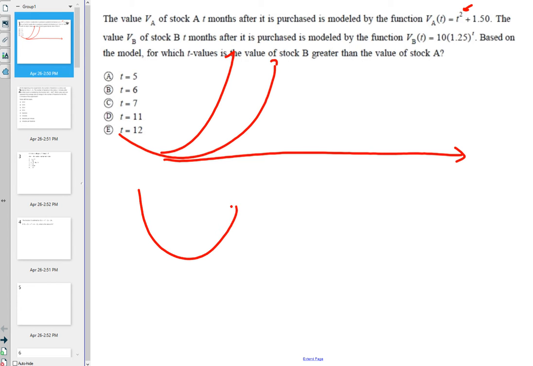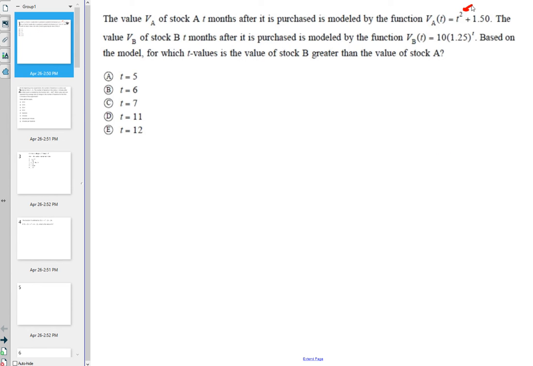If you look at the right side of a parabola, it looks kind of like exponential growth. It's just that exponential growth is going to get bigger faster. So we'll check the ones towards the beginning, but once we see that the exponential function is bigger, it's pretty safe to assume it's going to stay bigger for the rest of the t's.